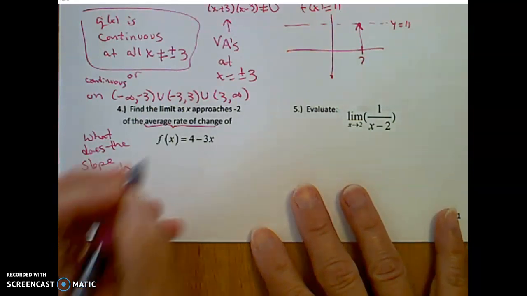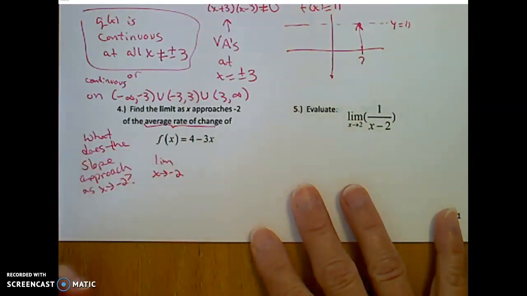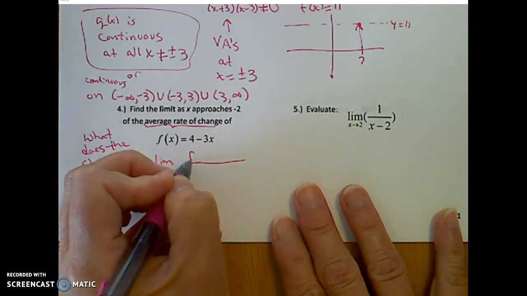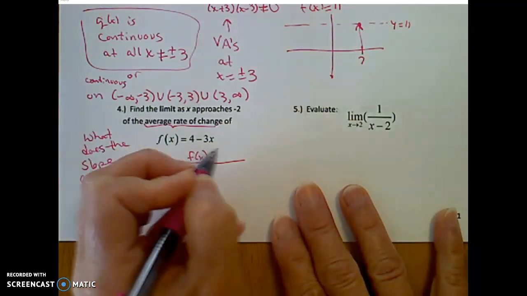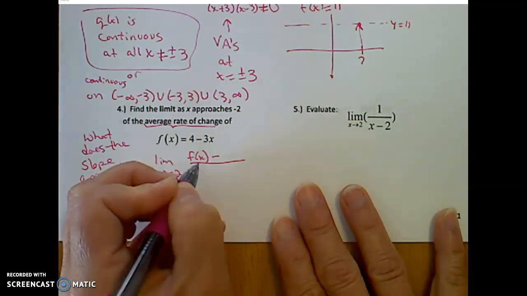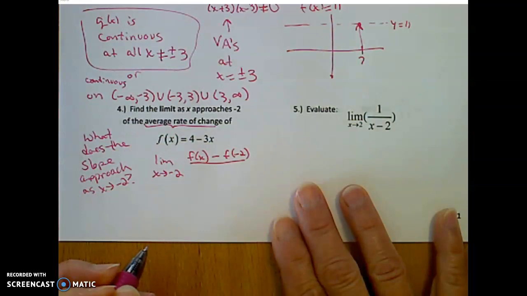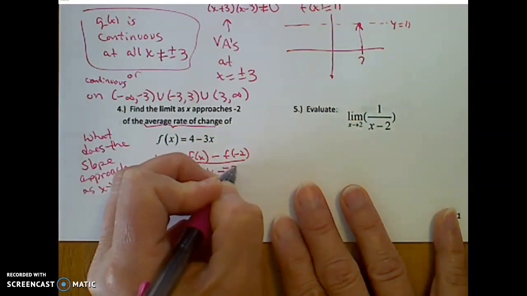How do I figure that out? I'm going to find the limit as x approaches -2 of the average rate of change. Change in y for any x value approaching -2. Change in y is that x value minus f of -2 over change in x, which is x minus -2.